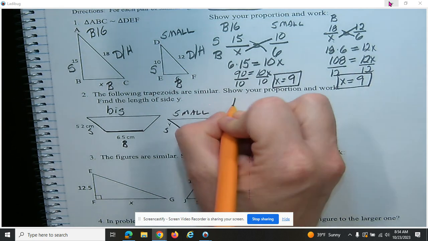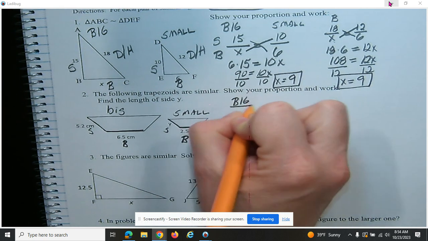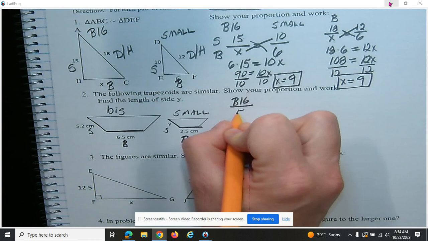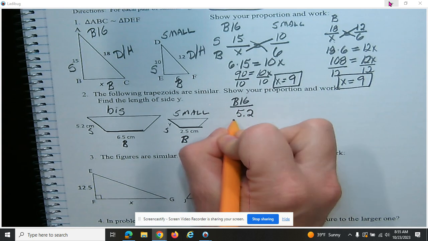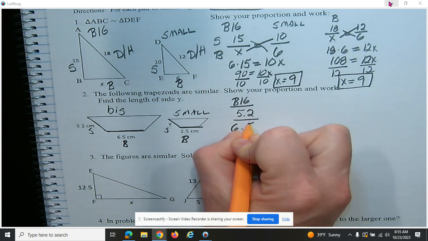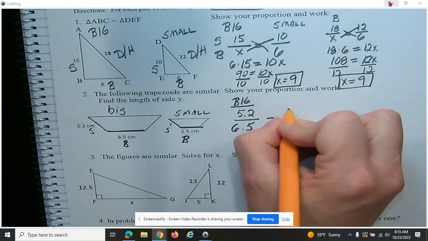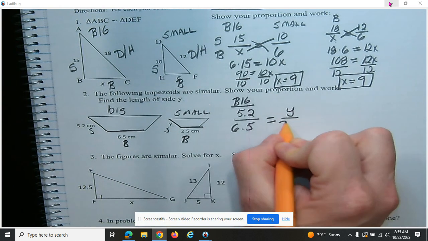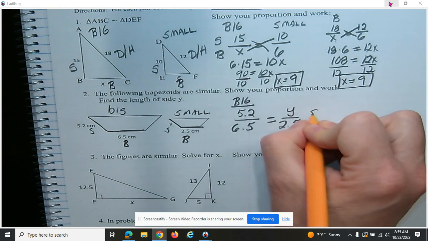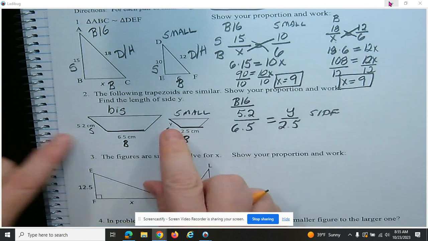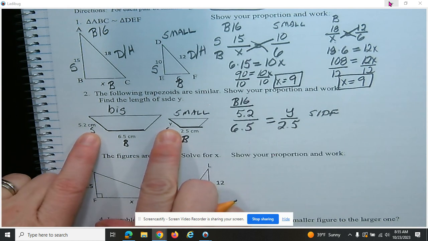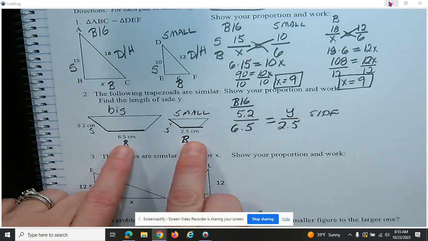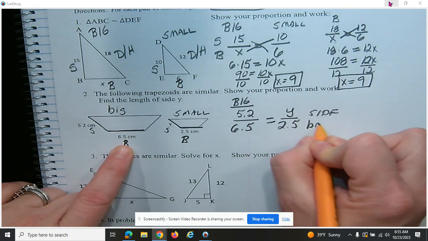So if I was setting up the proportion, I would say 5.2, which is my side, over my base. I would put my side, which is y, I don't know it, over my base. I set up the sides, which is 5.2 and y on the top. I put the two base numbers on the bottom.